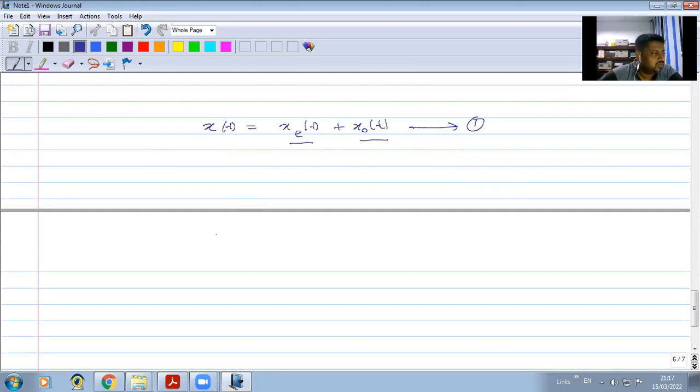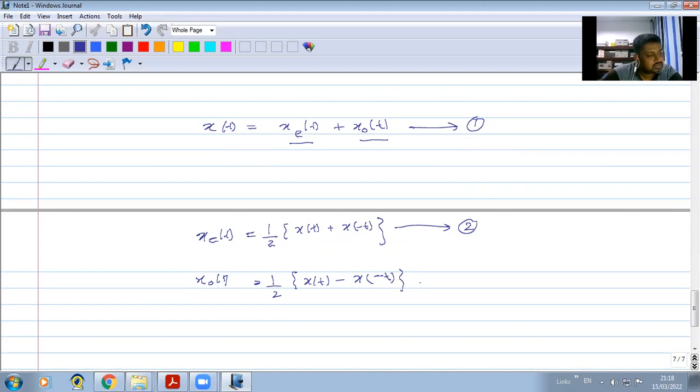If you want to find the even component of any signal, you get half of x(t) plus x(-t). This is the even component of any x(t). And the odd component of any signal, you will get half of x(t) minus x(-t). So this will be your odd component.